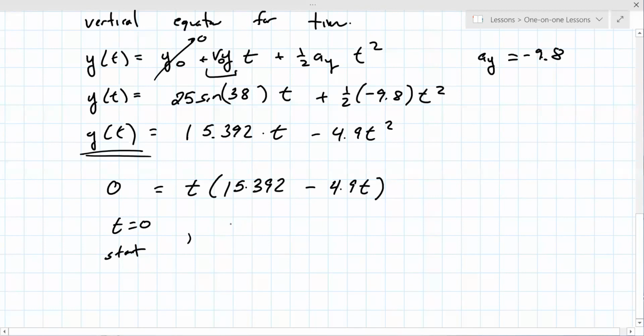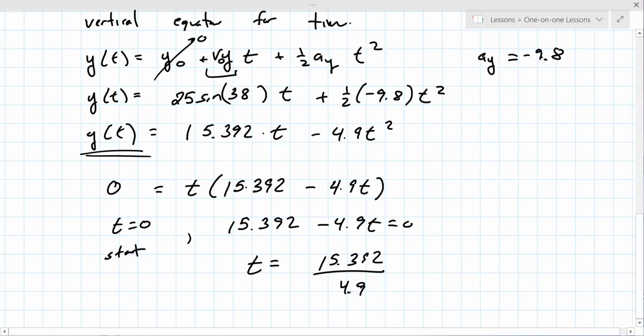And then 15.392 minus 4.9 t equals 0. So t equals 15.392 over 4.9. Your instructor expects you to be able to replicate this. They don't want you to just jump down to the formula every time, because they can change the problem slightly, and then you've made the mistake of thinking, I got it, no big deal.